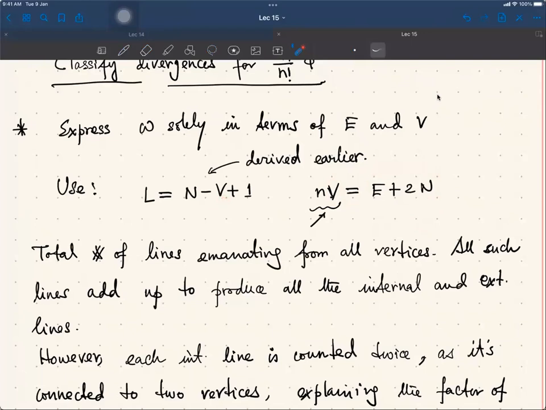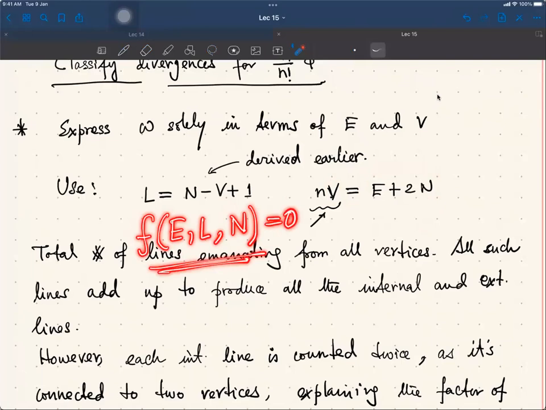Then you will get a function of L, N, and E equal to 0. Which means that if you fix, let me write F of E, L, and N equal to 0. Right? After eliminating V, you will get such an equation.